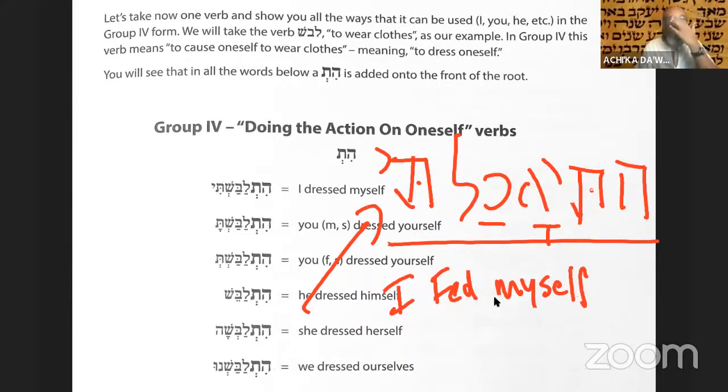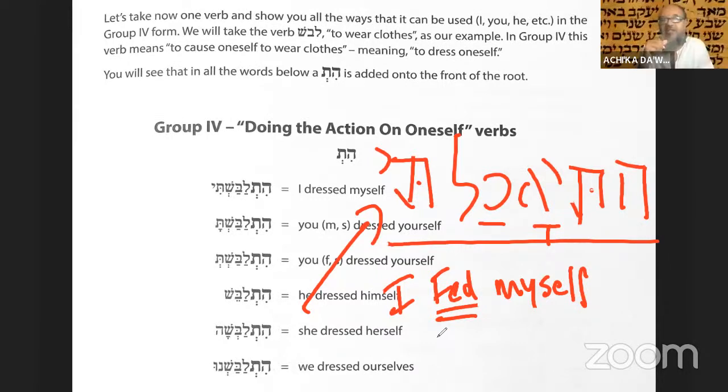We don't understand this; we've never been taught that you can cause yourself to do something. We've always been the victim. Somebody did something to me. Versus, what did you do? I didn't do anything. I don't know what you're talking about. No, you have fed yourself. If I caused myself to wear clothes, what did I do? I dressed myself.